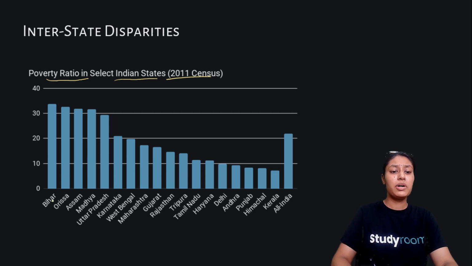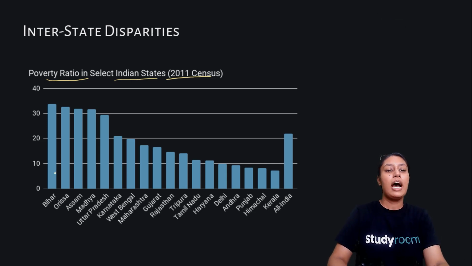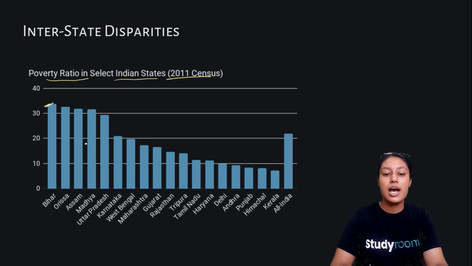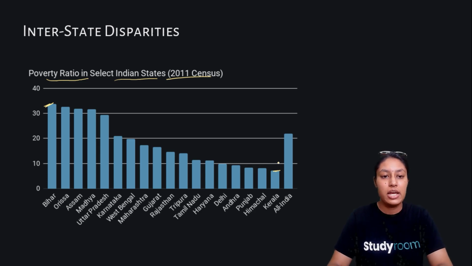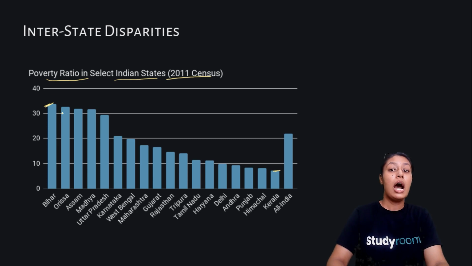Here, a high bar means the poverty level is high in this area. For example, let's talk about Kerala. Poverty level is low here, meaning the number of people who are poor is less, as compared to Bihar, where the number of people who lie under the poverty line is high.